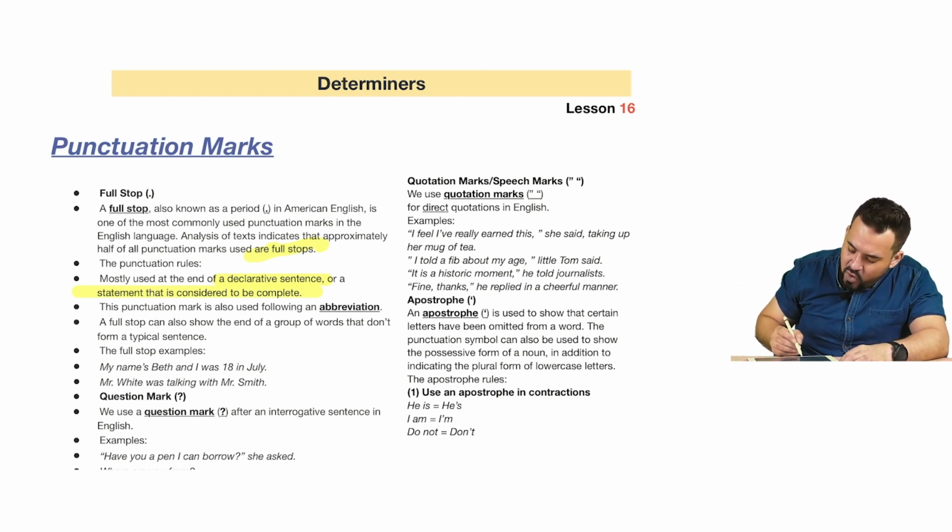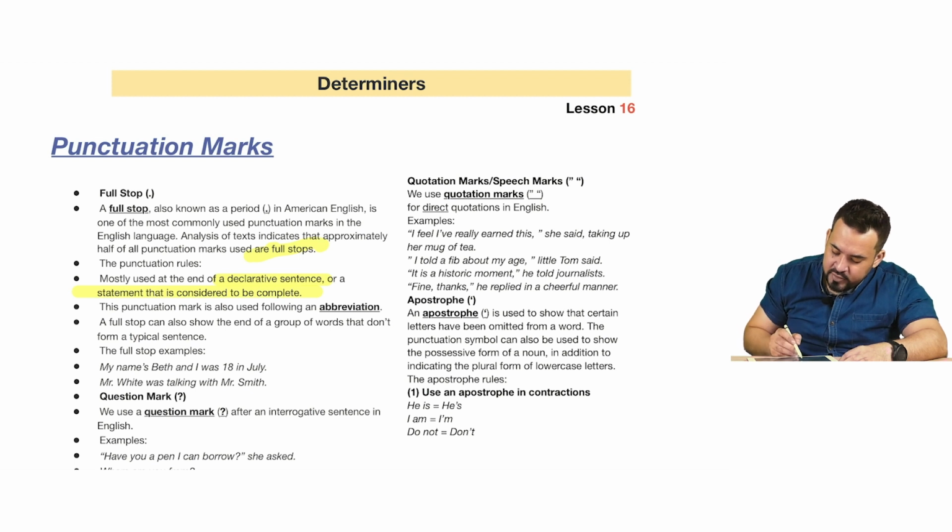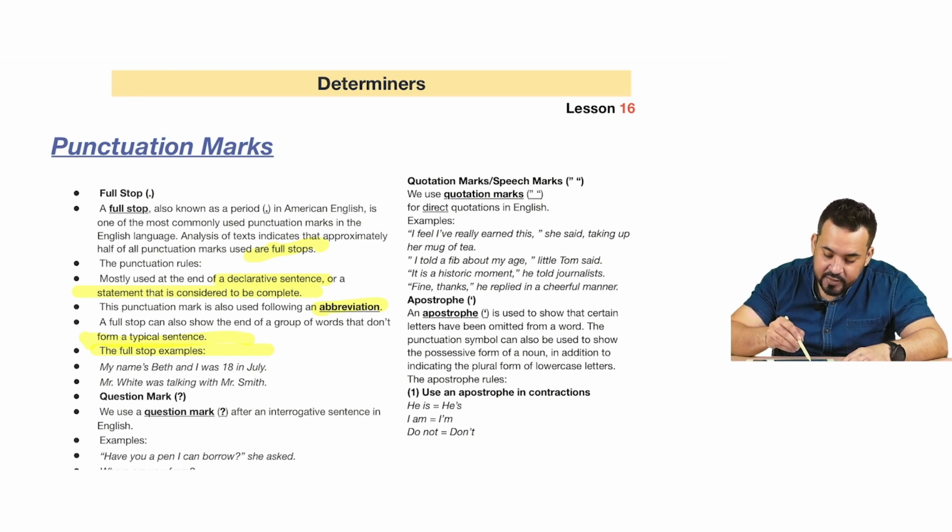The punctuation mark is also used following an abbreviation. A full stop can also show the end of a group of words that don't form a typical sentence. Let's take a look at some full stop examples.